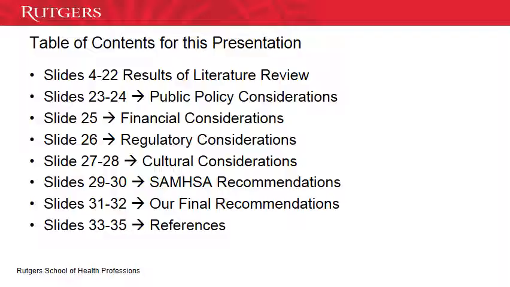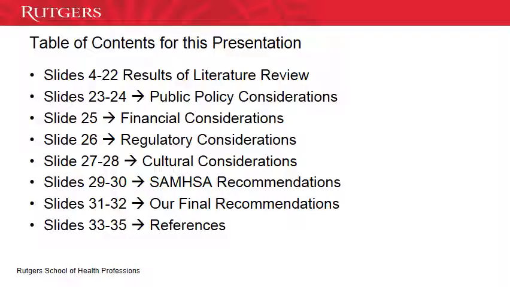And for each of those components, we have additional studies that we'll be presenting. Following the conclusion of going through the lit review, we will spend several slides talking about public policy considerations, financial, regulatory, cultural considerations, summarizing each of those for a little bit.